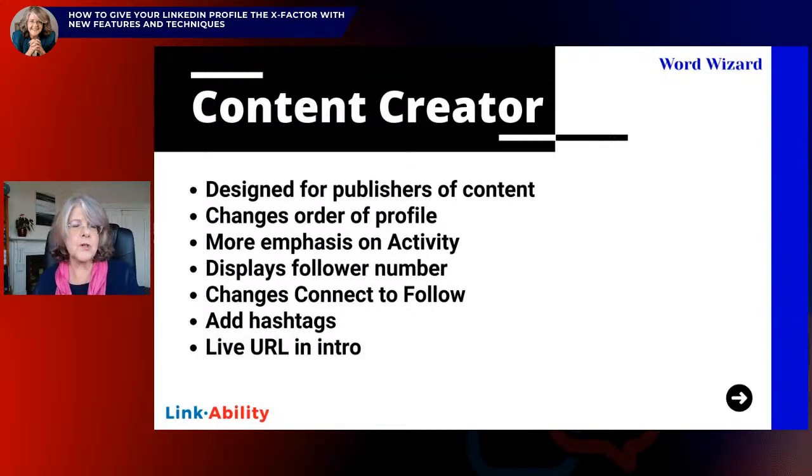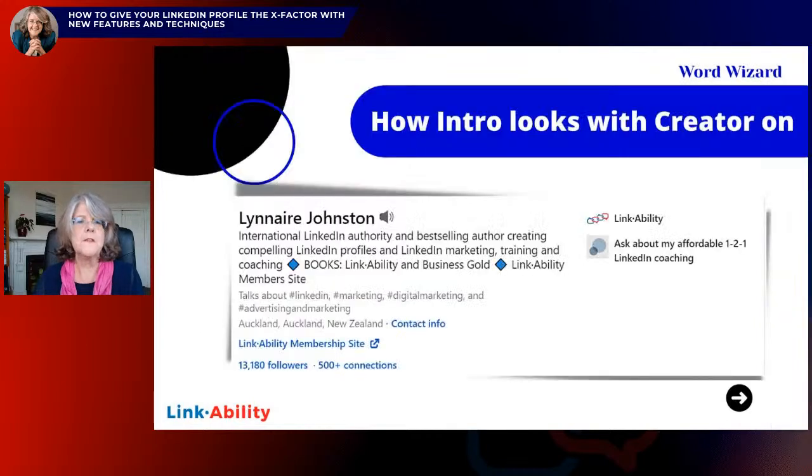The hashtags that you choose as part of your content creator setup display in your introduction section too. So those are the things, the topics that you talk about mostly. And as I said earlier, you can now have a live URL in your intro, but I do think that's going to be something that will become more widespread further down the track.